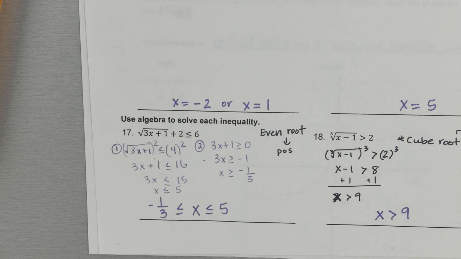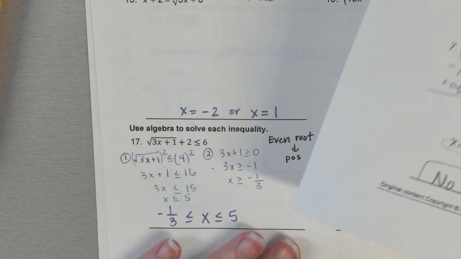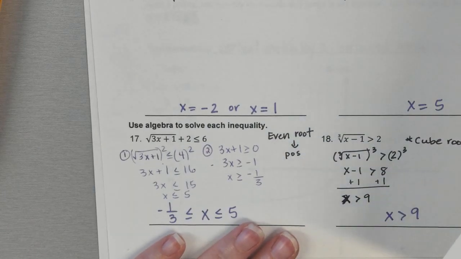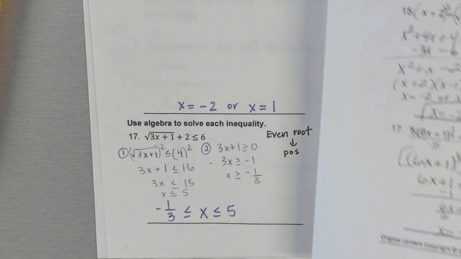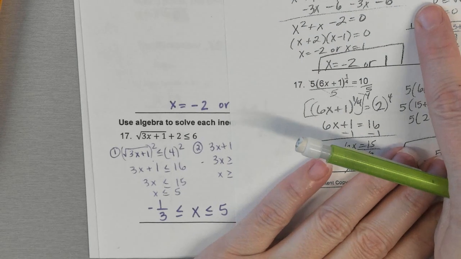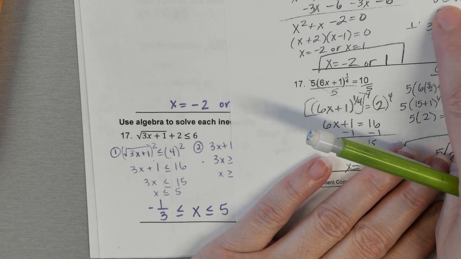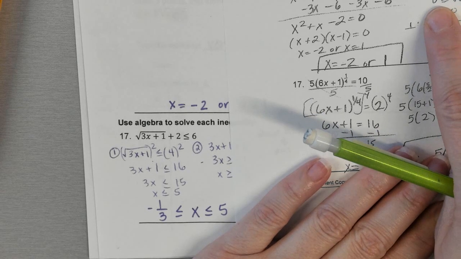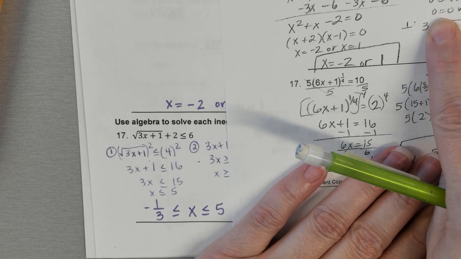Actually have them right now if you want to see them real quick. So for 15, your check, the negative 2 plus 2 equals negative 6 plus 6, square root of 0 equals 0. Those two are equal. Oh, my bad.